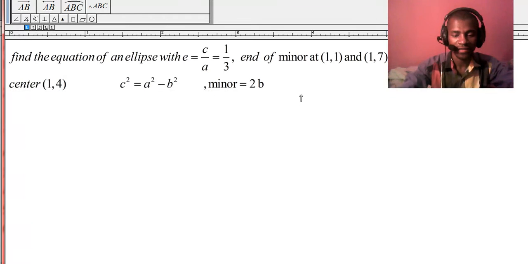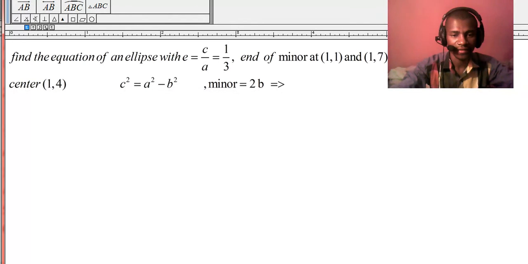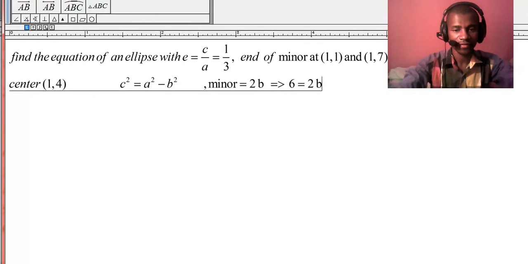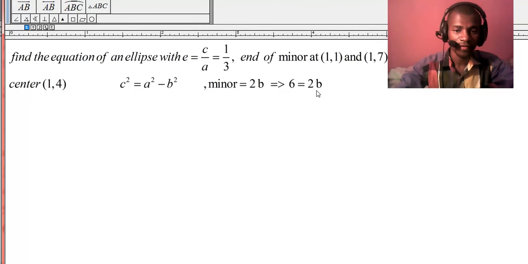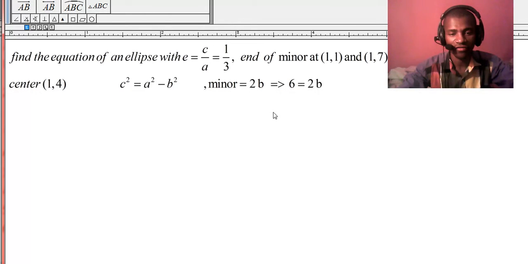So this says minor is now 6, equal to 2b. So we can divide through by 2, so we get the value of b, and the value of b is equal to 3.